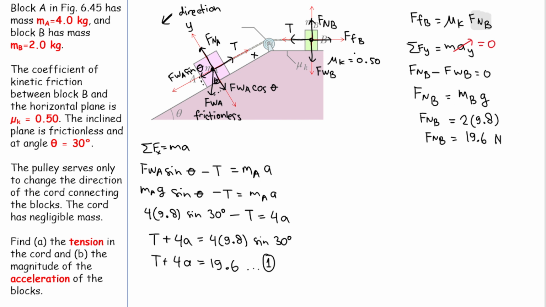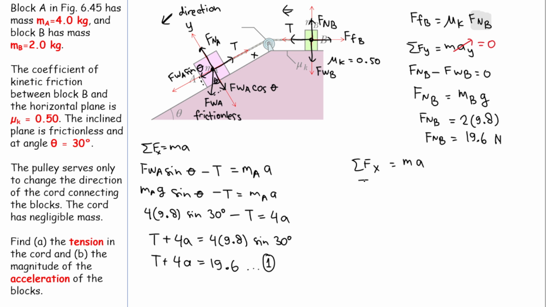Okay, so now let's do our analysis in the x direction. So we'll have sigma F, this time in the x direction, and that will equal the mass times acceleration. I want the positive one to be the direction of movement, so it is going this way.